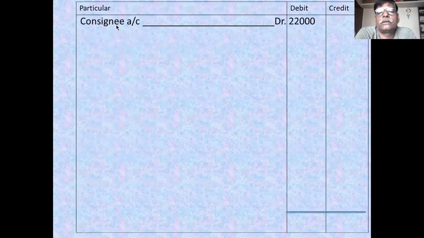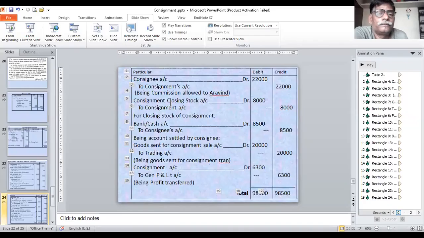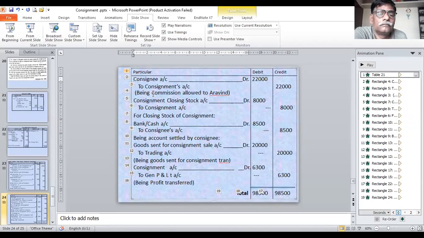Next is for sale. Consignee account debit 22,000 to consignment account 22,000. Being goods sold.